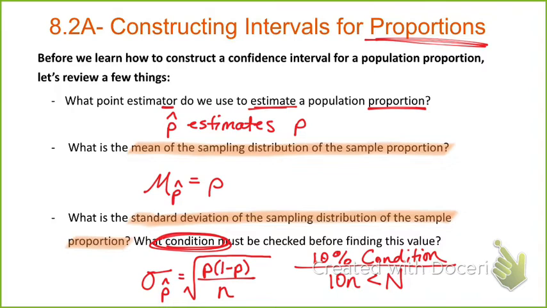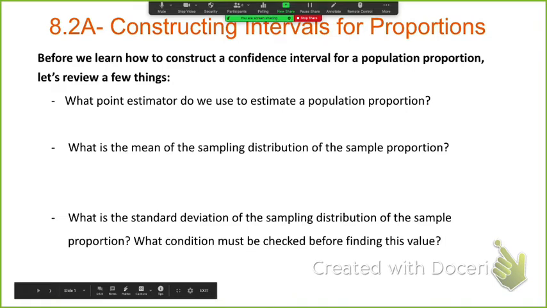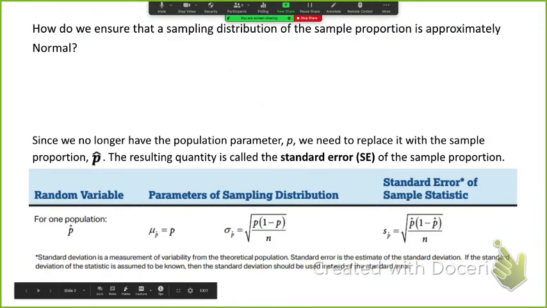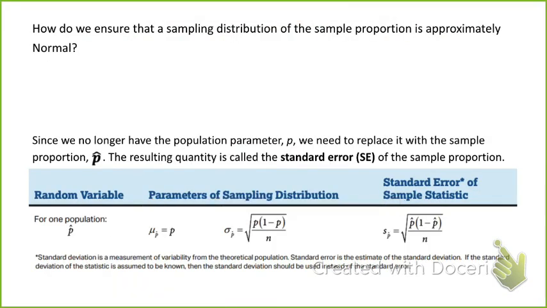All right? Now then, how do we ensure that the sampling distribution of the sample proportion is approximately normal? What did we do to check to make sure that a proportion distribution was normal? Central limit theorem was for means, but you're on the right track there. The large count condition.